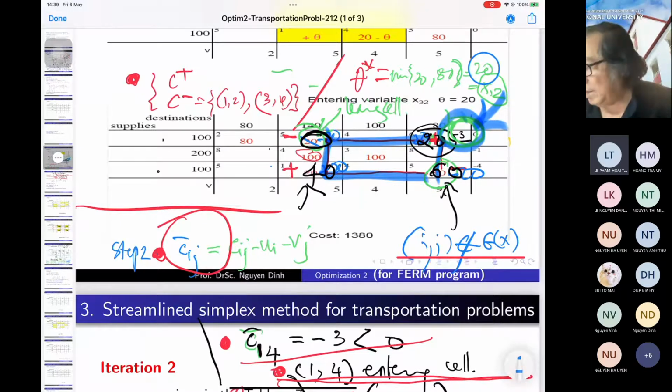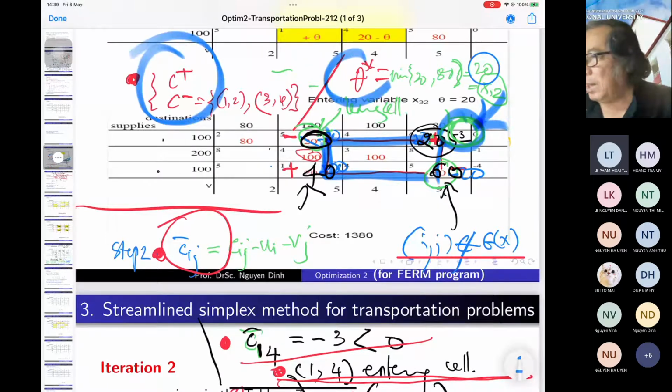Step 3: you determine this entering variable, and step 3 is to find the cycle C plus, C minus, and then you calculate theta star.